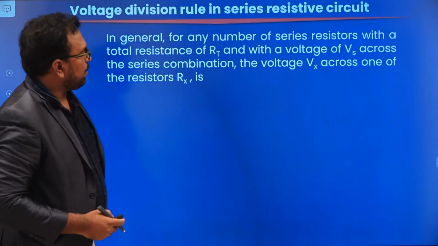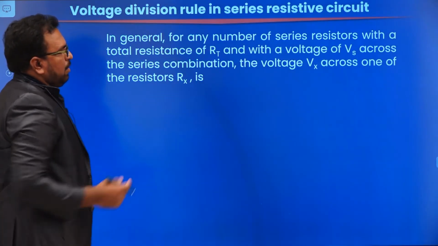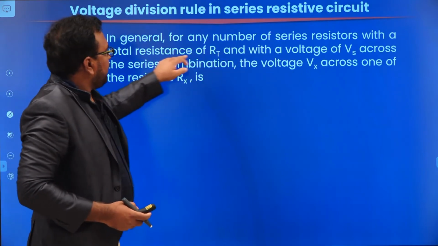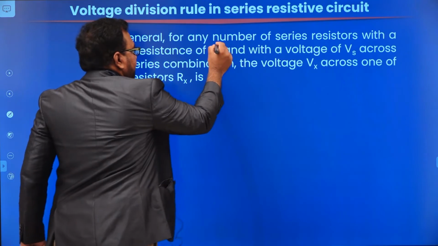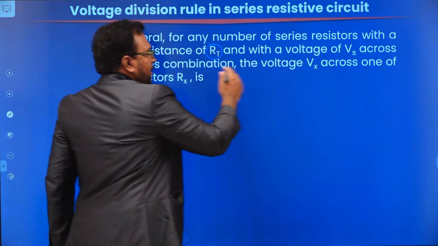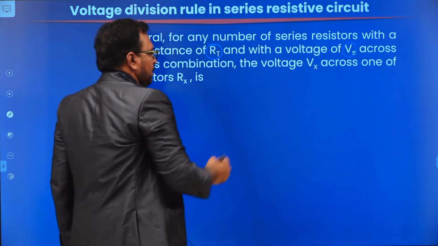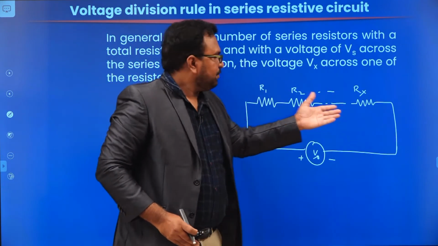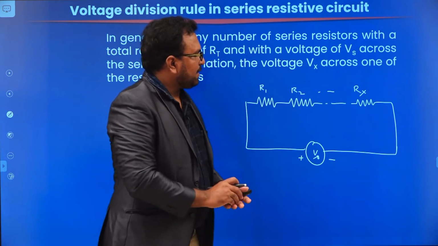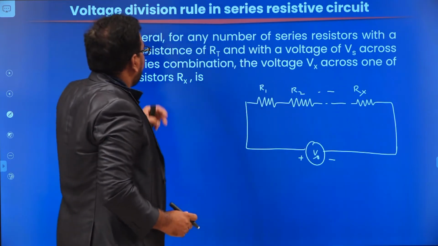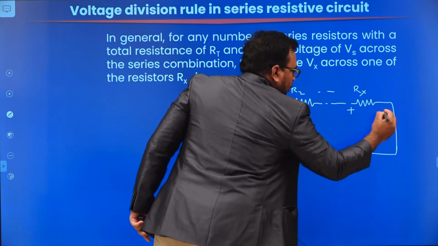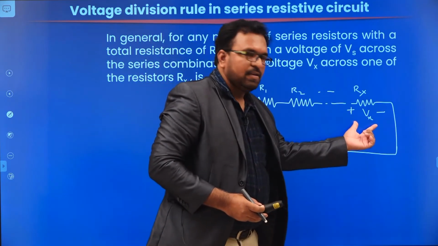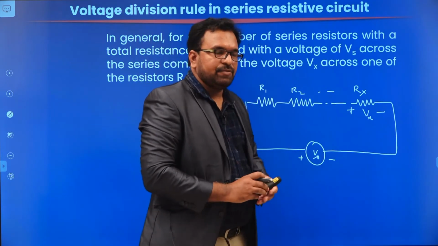If we generalize this formula, consider that in general, for any number of series resistors, the total resistance here is RT and the total voltage is Vs. So I consider that there are several resistors connected in series. Here, for example, I have considered that X resistors are connected in series. Now, if you want to calculate the voltage across some resistor X, and assume that the voltage across the resistor is Vx, how will you apply voltage division rule?